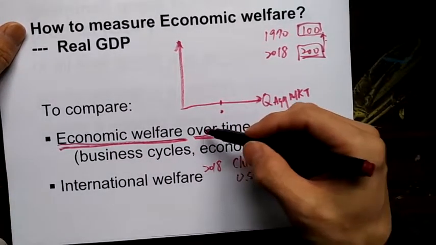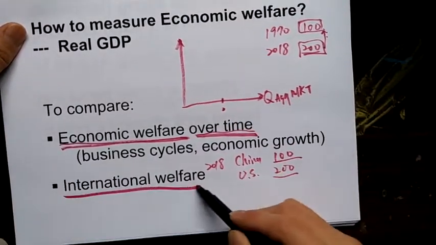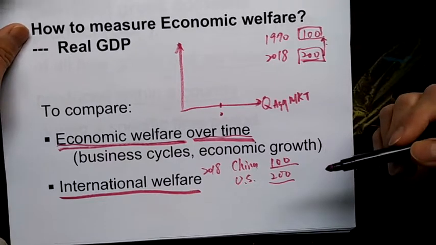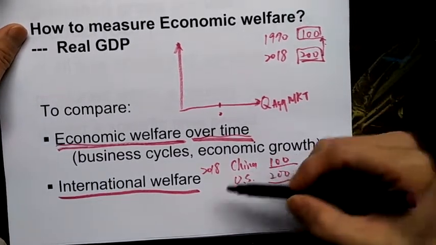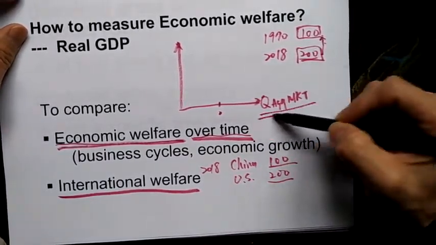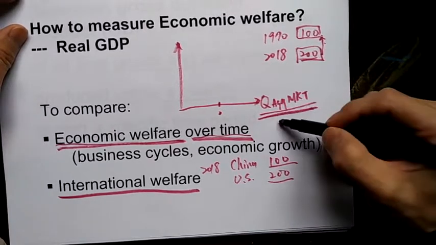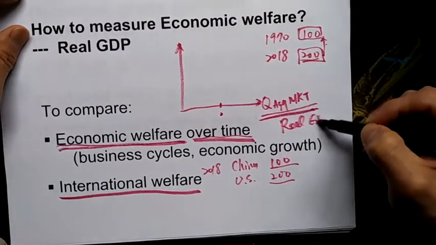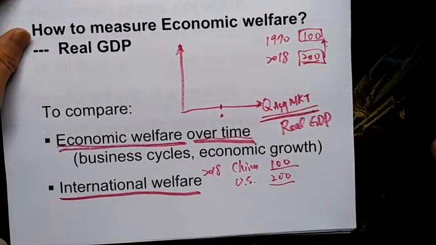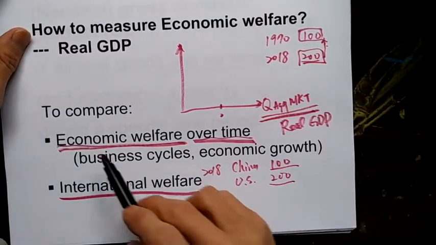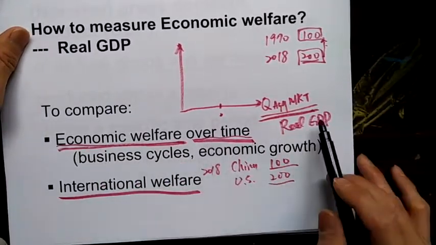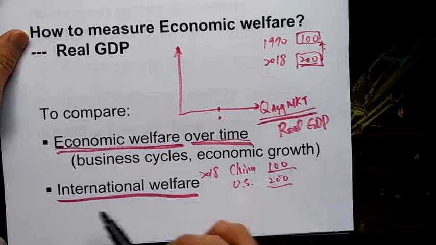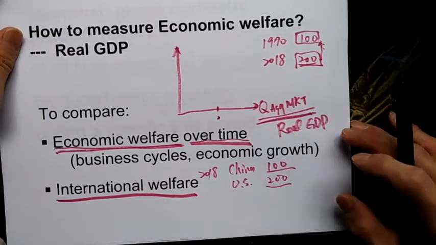So we can use this number to do international welfare comparison. And this is the most popular measure, real GDP, that is used for economic welfare over time comparison and international welfare comparison.